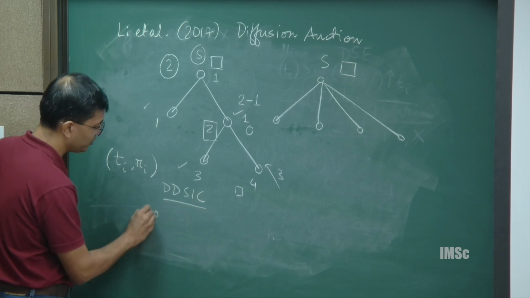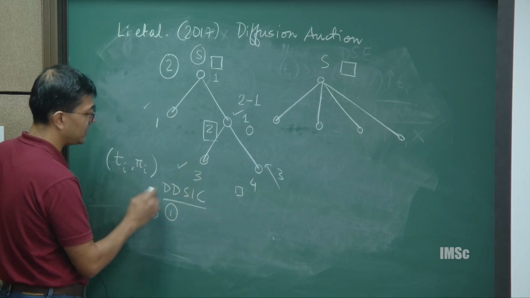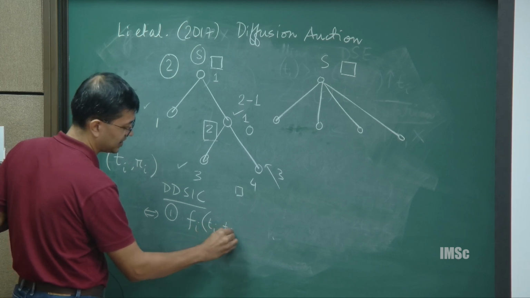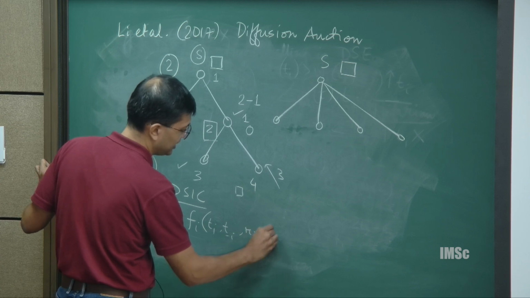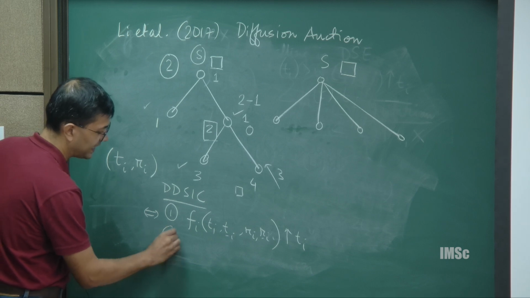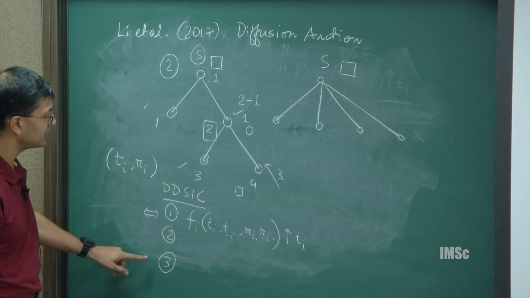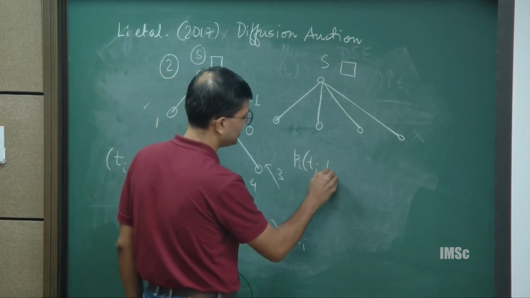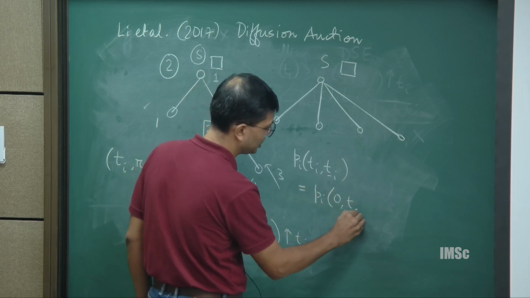This is equivalent to a very similar Myerson-like condition, where the allocation with respect to Ti has to be monotone. So your Fi of Ti and T minus i, and for every Ri and R minus i, has to be monotone in Ti. That is one requirement. The second is very similar to the payment structure, but there is a third condition which is putting some restrictions on the constant term. Remember that in the payment we had this function of T minus i, and that had a term which was 0.